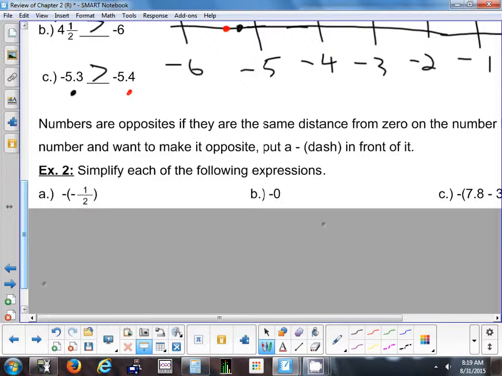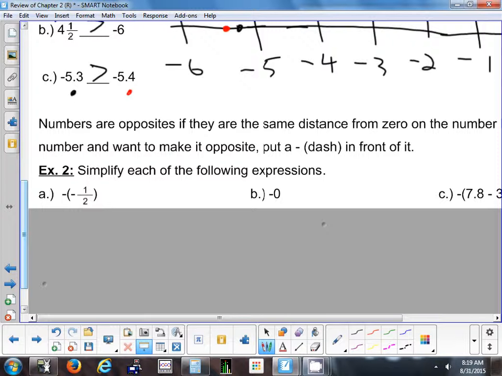How would you pronounce, if I just said read exactly what's right there, how do you pronounce that? Close. Want to help him out? I just want to make sure we know how to read what's up there. Yeah, negative 1 times negative 1/2. Yeah, you could say it that way. That's fine.